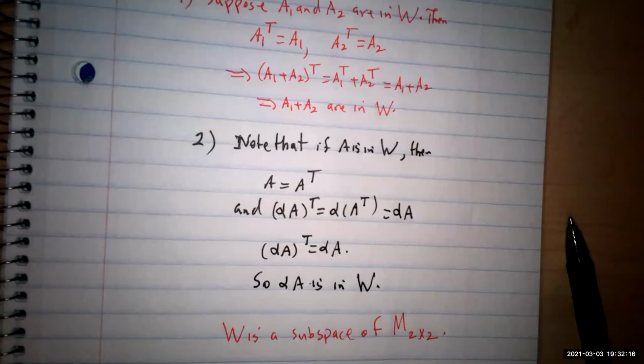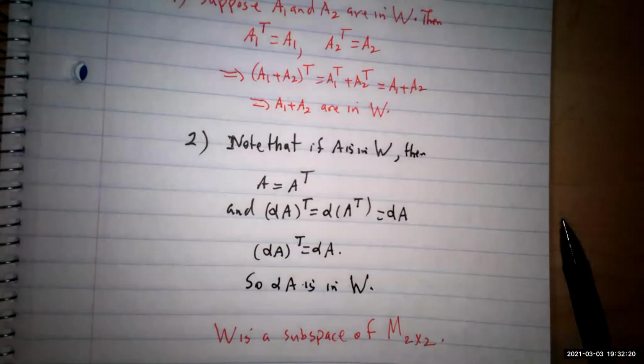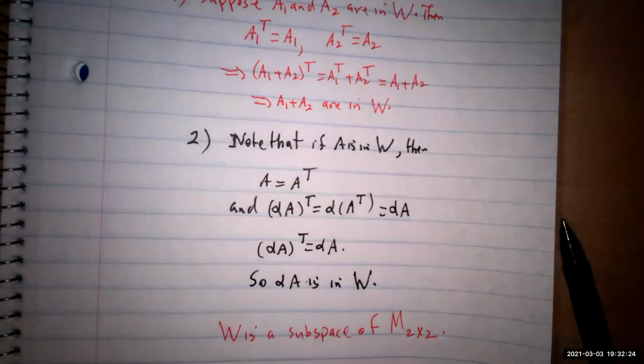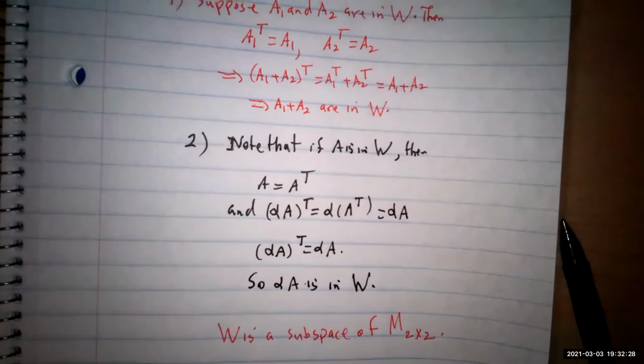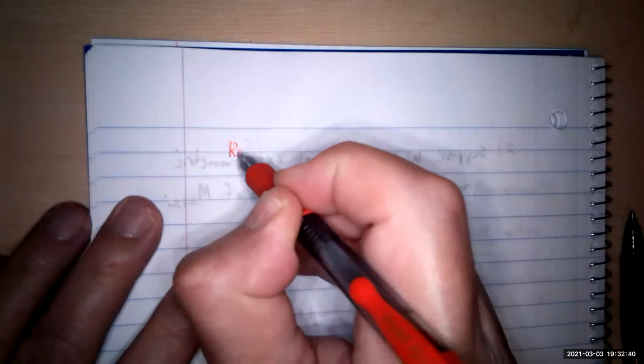But the main part is whether it's closed under addition and scalar multiplication by itself. Okay, so you may think that all of them are the same, but I give you a remark and then I give you the next one. You see, this remark is very important, very helpful.